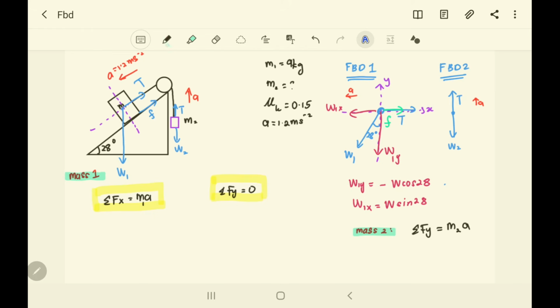So now we write W1x plus negative friction plus negative T is equal to M1a.